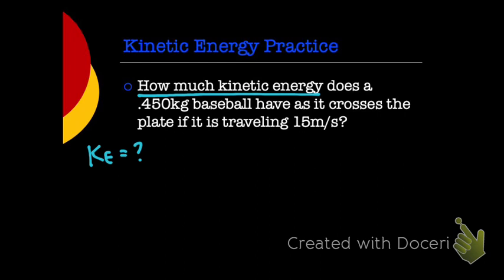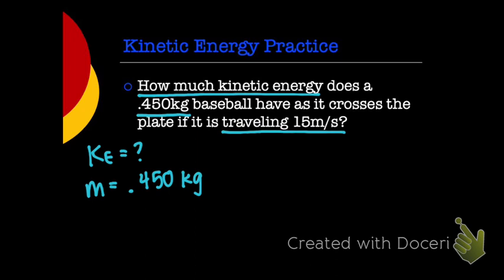Then it tells me I have a 0.450 kilogram baseball. What variable does that have to go with? It has to go with mass. Mass is equal to 0.450 kilograms. And then it tells me it's traveling 15 meters per second. What variable does that have to be?